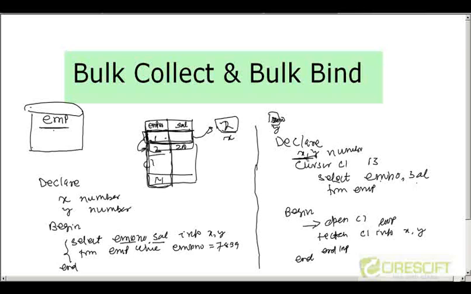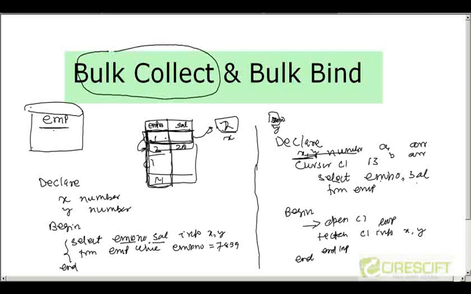So instead of defining x and y as numbers, if I define A as an array and B as another array, then instead of fetching in a loop, I can fetch the entire column into this array, and maybe things will be a bit quicker. That is exactly the idea behind bulk collect.